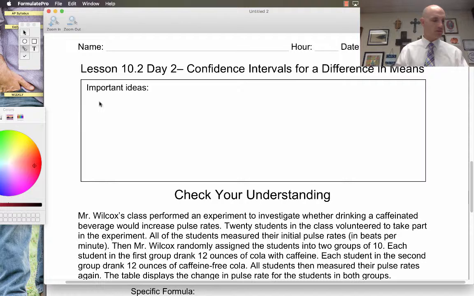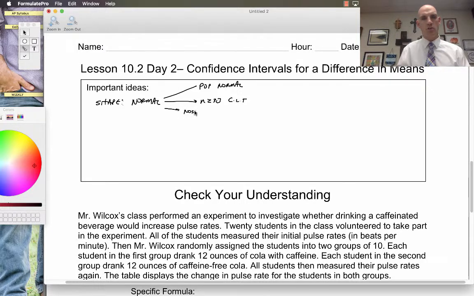So we need to check our conditions. Shape. It's got to be normal. Could happen one of 3 ways, right? The population could be normal. Because we're dealing with means, it could be n is greater than or equal to 30, which would be our central limit theorem.